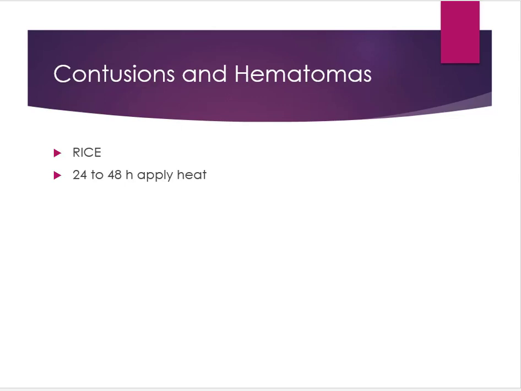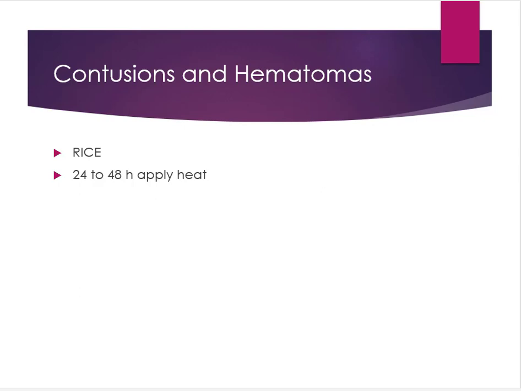Let's talk next a little bit about contusions and hematomas. A contusion, also known as a bruise, is an injury in which the skin is not broken but there's been trauma to the area. Hematomas are localized collections of blood in the tissue. It's important to do a good history and physical on where the hematoma or the contusion is.